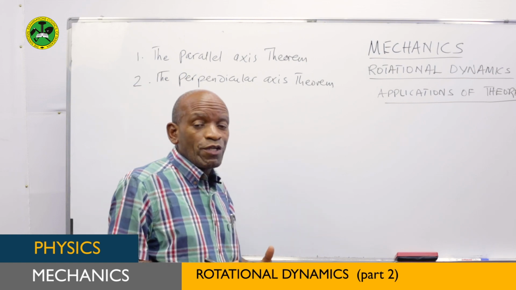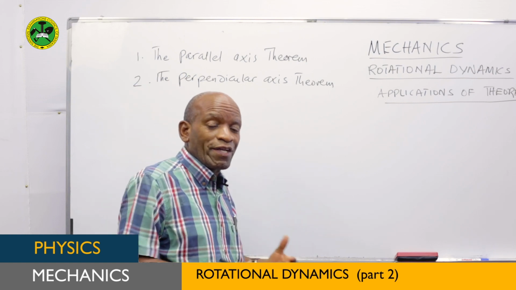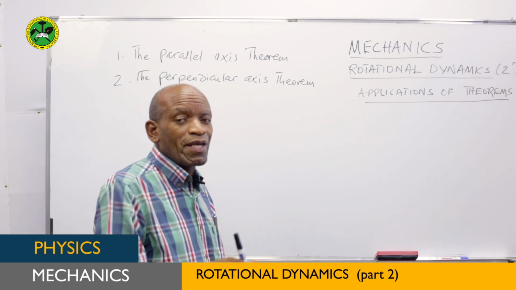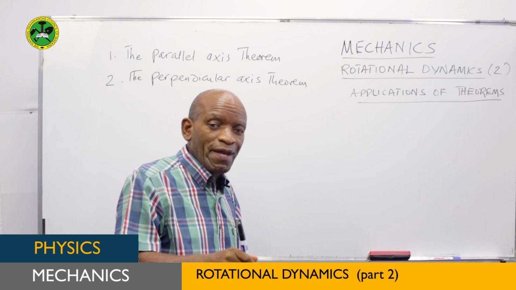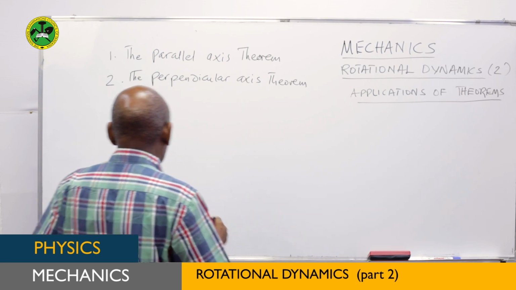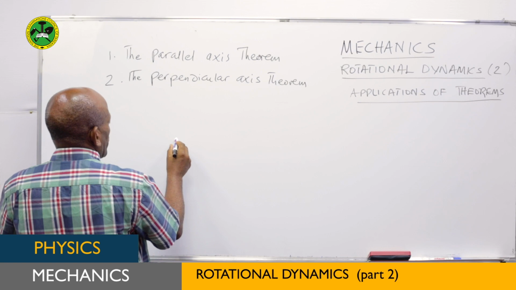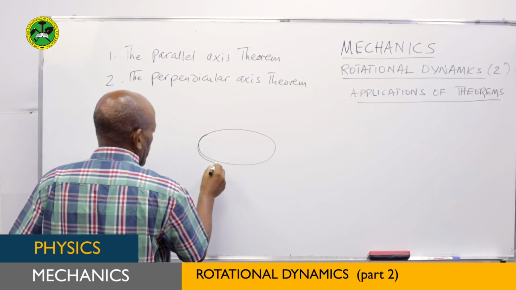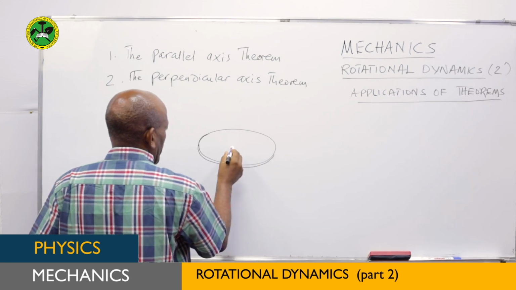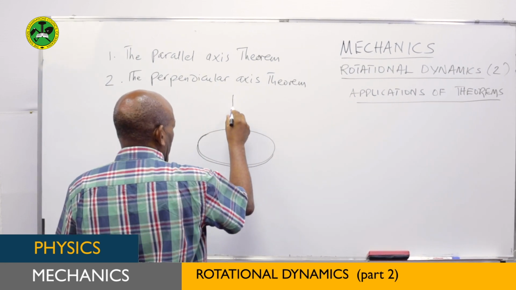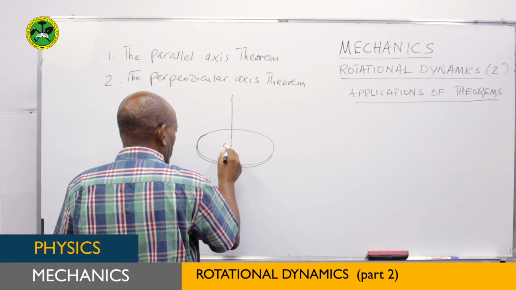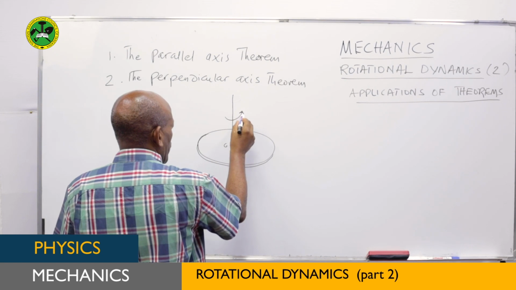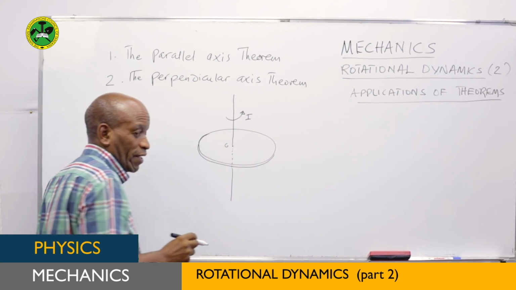For example, if you are given a circular disk, and you are rotating the disk about an axis which is passing perpendicular through its plane, through its center. So we can have a circular disk like that, with an axis passing through its center of gravity, G. We are looking at the moment of inertia through that axis.